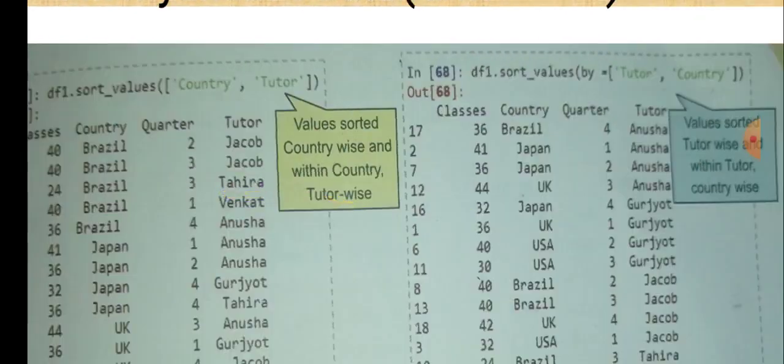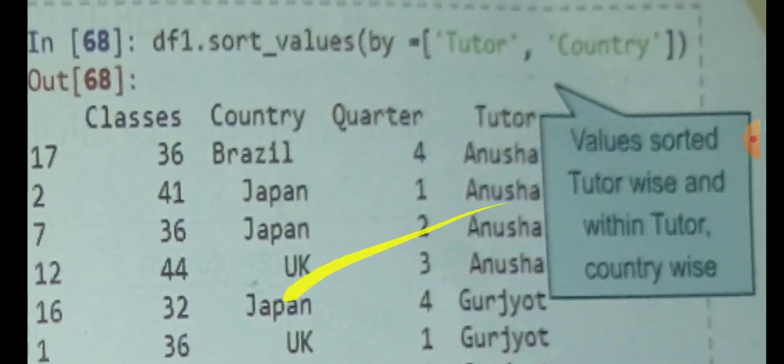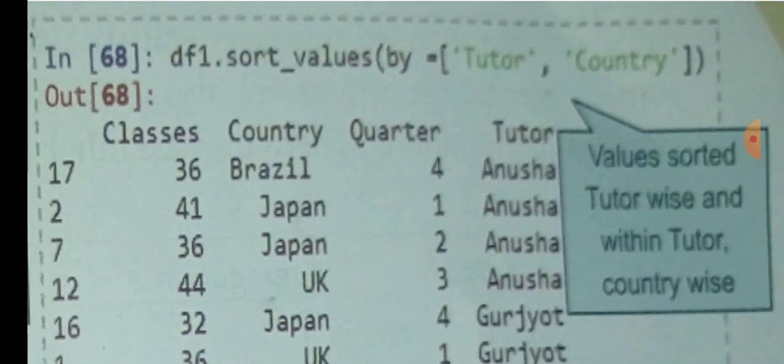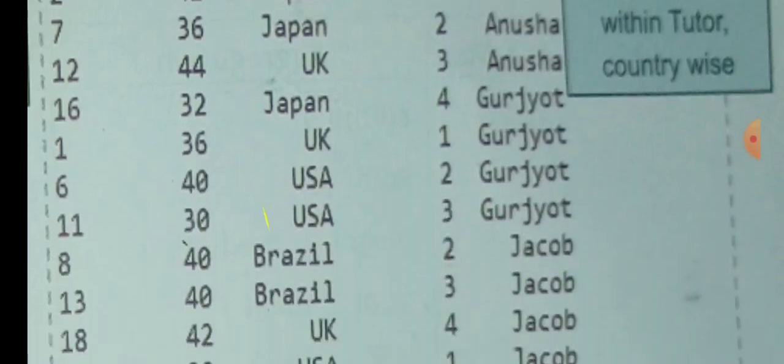Next, you can easily see here, if you just reverse this process and just write tutor comma country, then first of all data will be sorted according to the tutor, and then within the tutor country wise. So you can easily see here tutor name is Anusha, then Gurjot, you can easily see here on screen, and then Jacob.